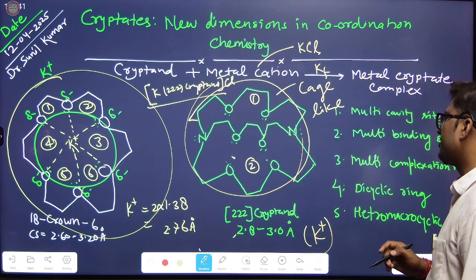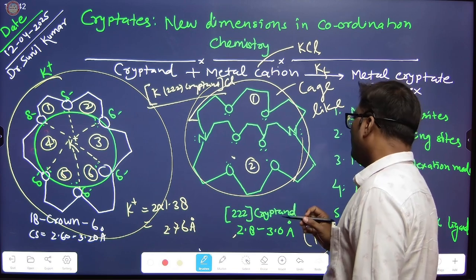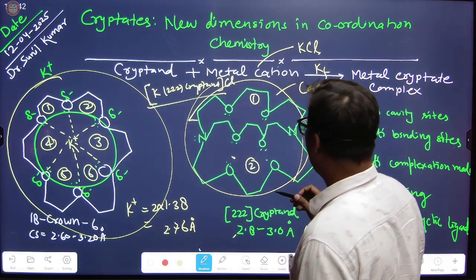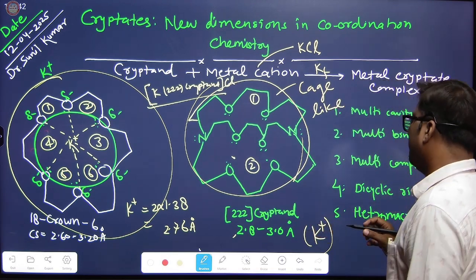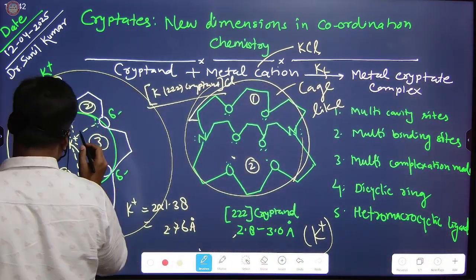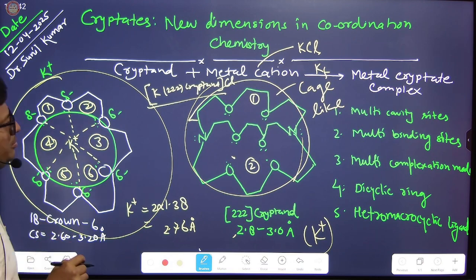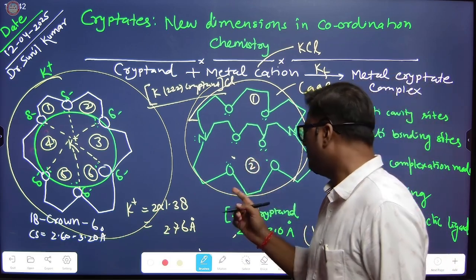So it forms very stable complexes, right? The stability of metal cryptates is very high compared to the stability of metal crown ether complexes because of the structural diversity and its stability, right?